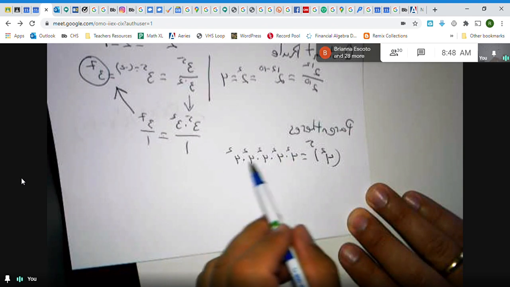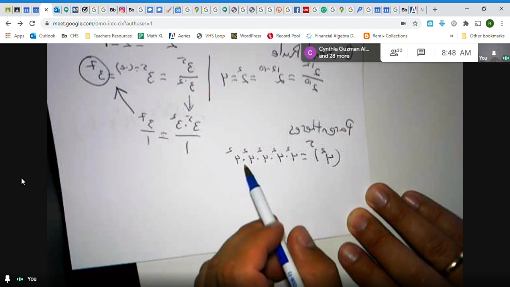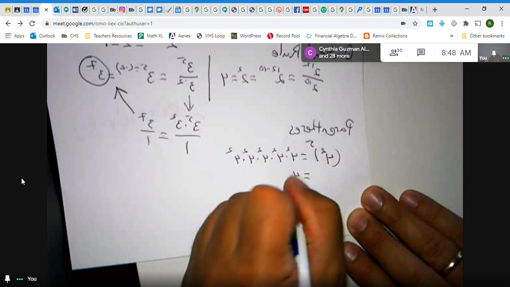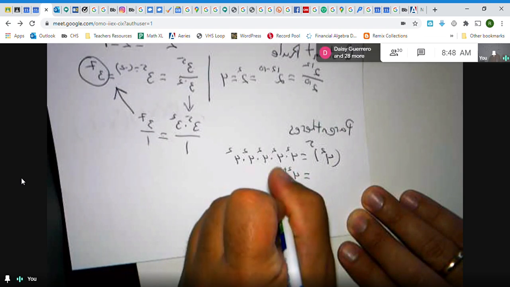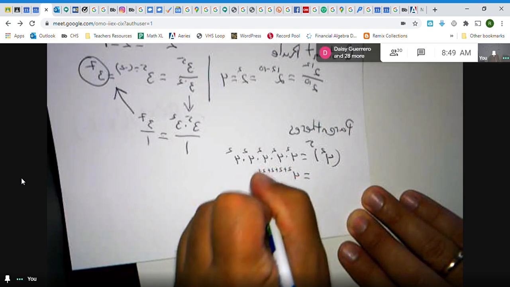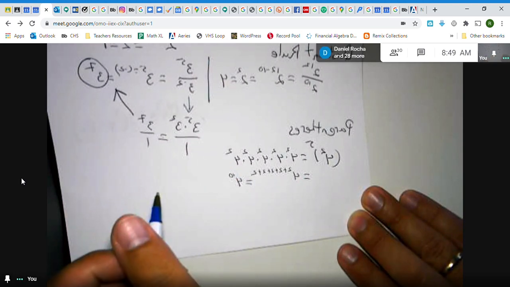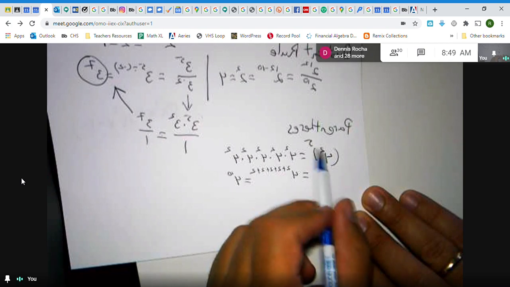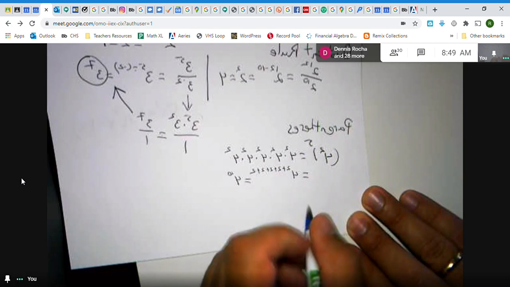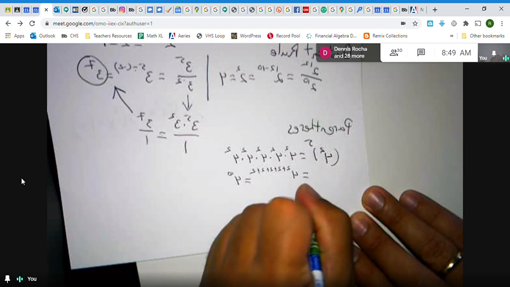But we have the same base here. We can now apply the product rule. I can add 2 five times. That equals 4 to the 10th. So it looks like when we raise a power to a power, we can multiply the powers.